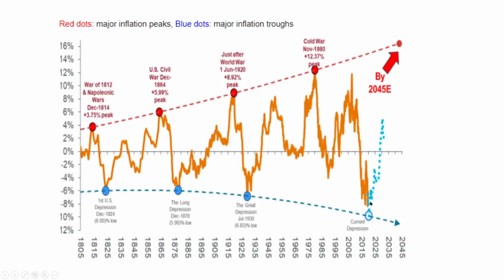Some people are projecting that this is going to go all the way up and come into a major super cycle and be at the top of a major inflation peak around 2045. That's quite a bit out there, 24 years from where we are today. That's just projections some people have based off of the cycles they've seen in the past. It doesn't necessarily mean that it is surely going to happen this way, but it's something to look at in some more data.